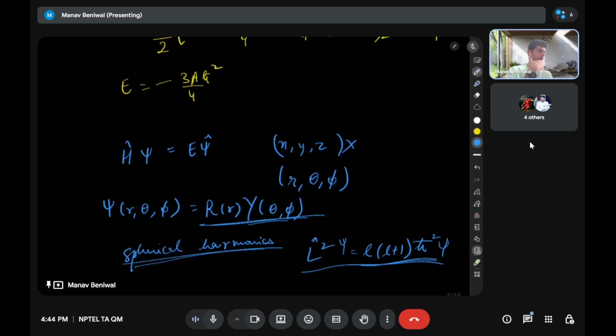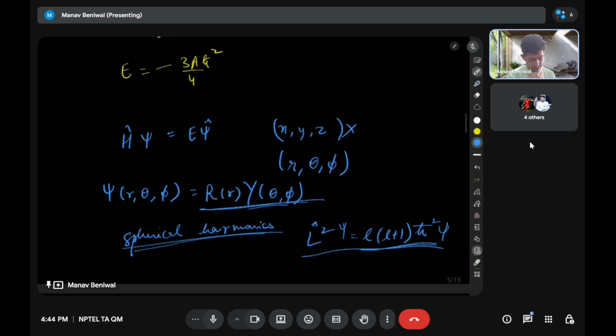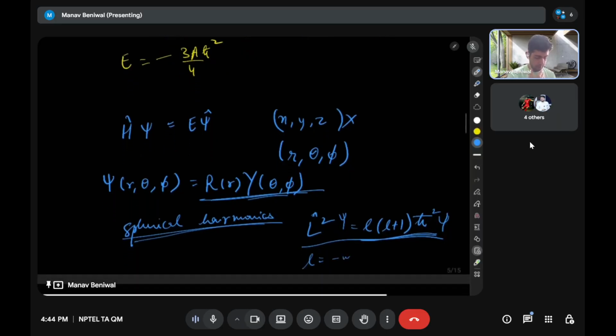I am running ahead of myself, but m goes from minus L to plus L, where m is your magnetic quantum number. For example, if you have a 2p orbital, or any p orbital, forget about the 2, then your L is basically 1.